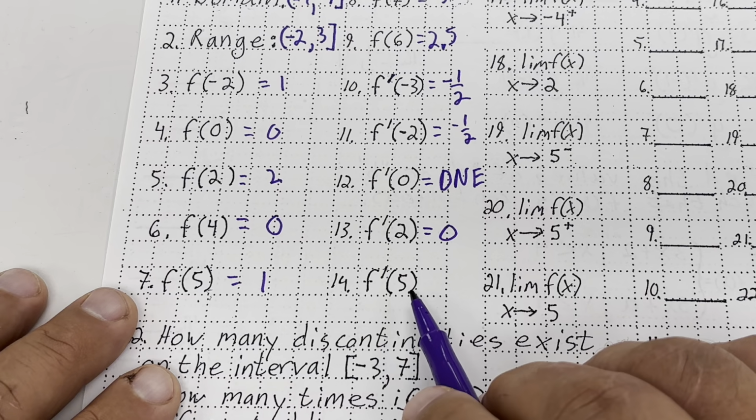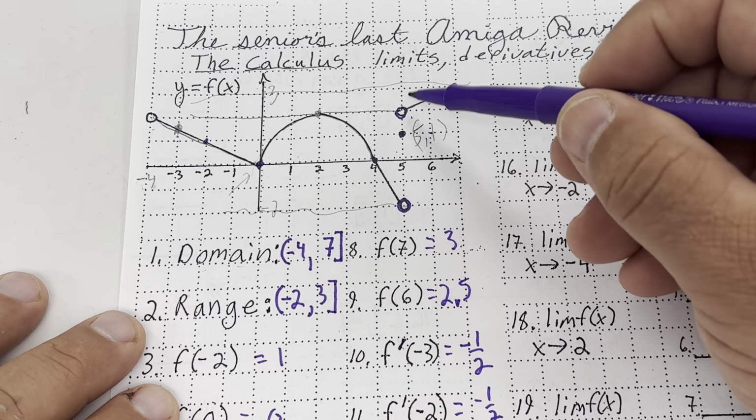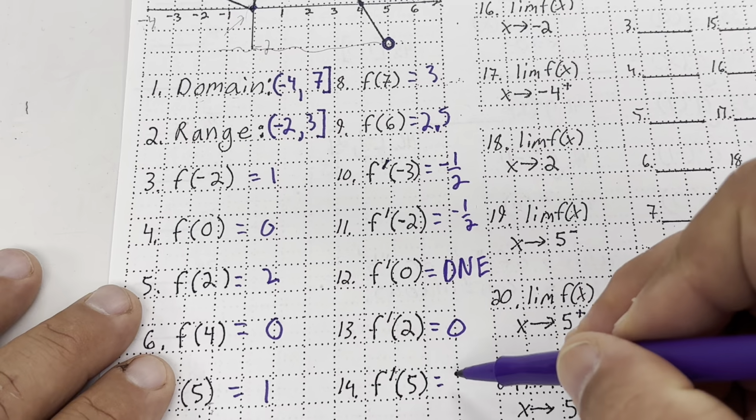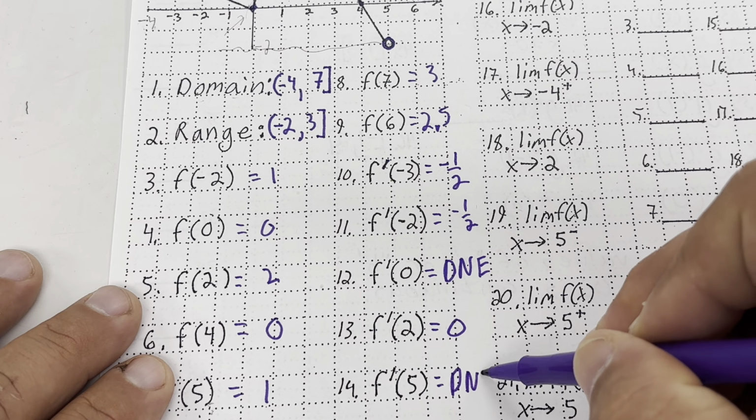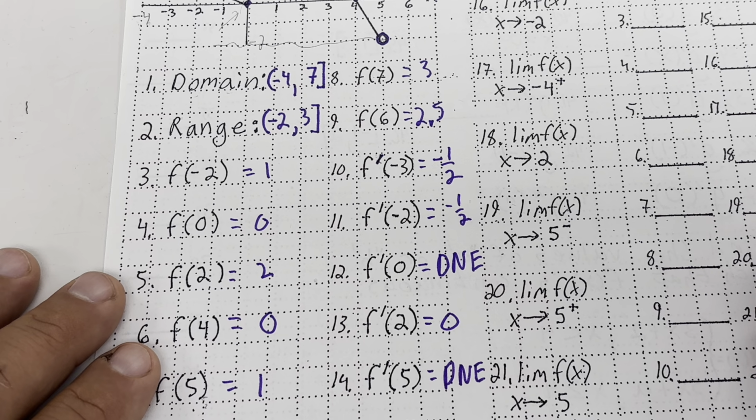The slope at 5, notice at 5, it's a discontinuity, so by the rules, we are not allowed to find a derivative or a slope at a discontinuity.